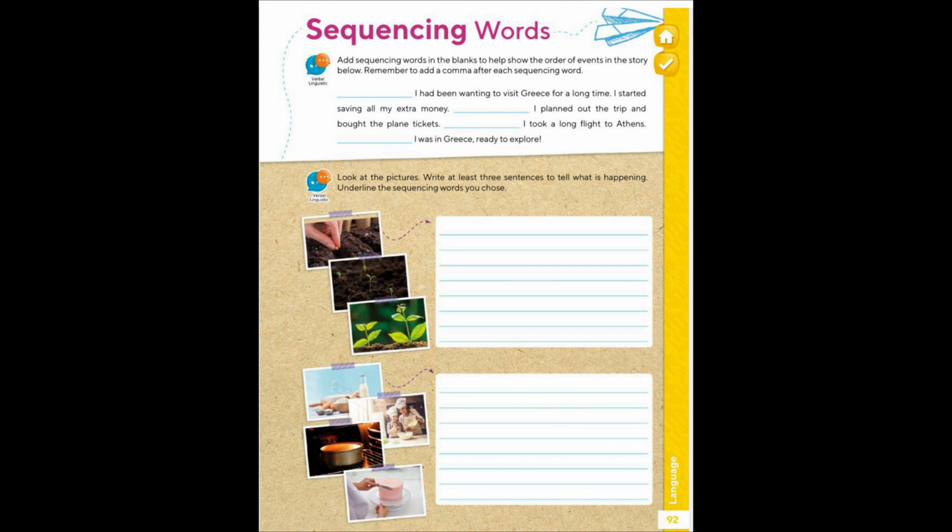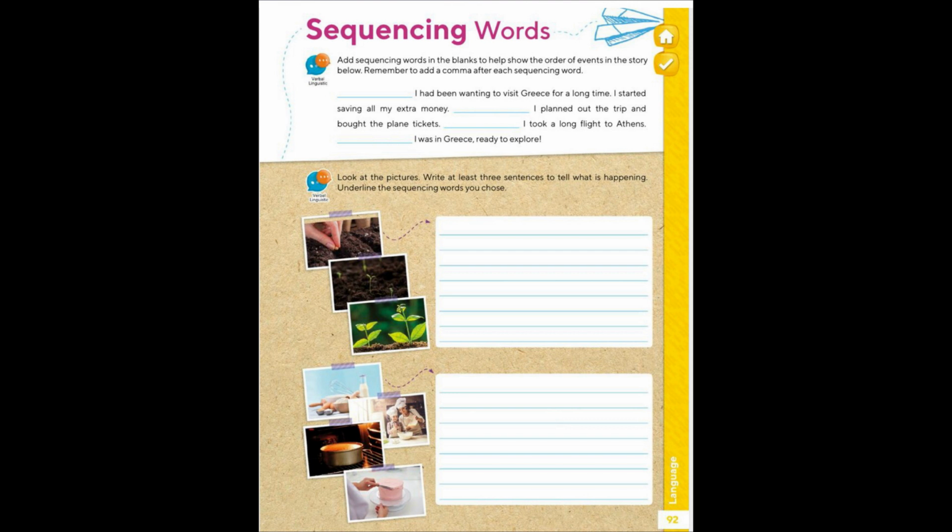You choose sequencing words that go in the middle. This is a piece of cake. For the next activity, what you have to do is write a minimum of 3 sentences. You can write more, but a minimum of 3 to tell what is happening according to the pictures.